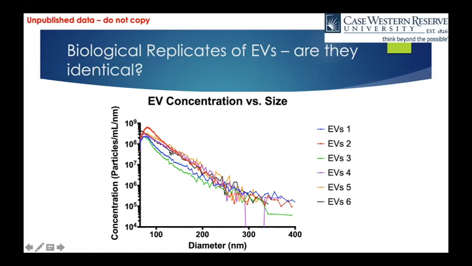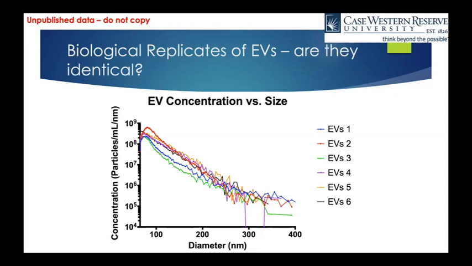As scientists, we tend to assume that a biological replicate is an accurate way to have multiple samples of the same thing. But what you're seeing here is that amongst biological replicates, there are differences specifically in the concentration.